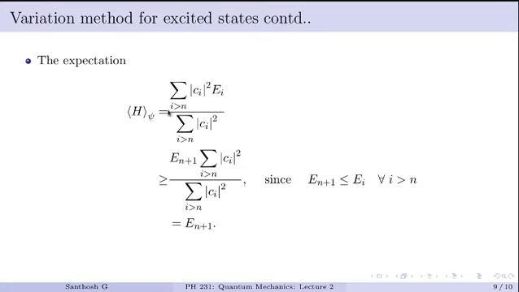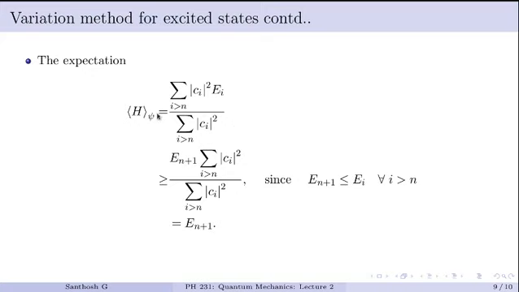Then the expectation value of the Hamiltonian can be computed using the formula as before, and we arrive at the following equation. In the numerator you have Ci square Ei, but the summation over i ranges from i equal to n plus 1 and goes up to infinity.